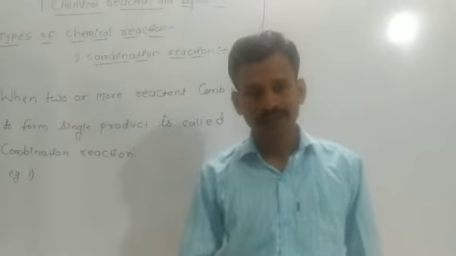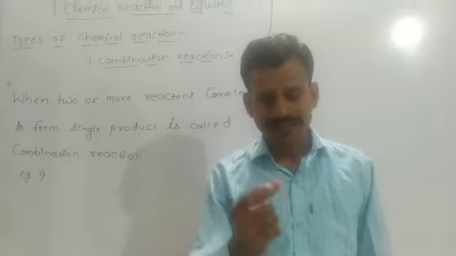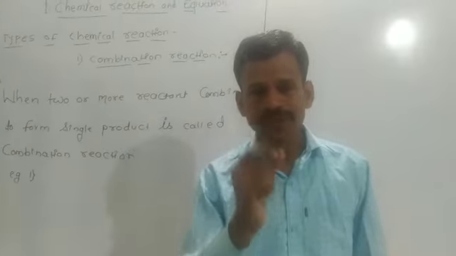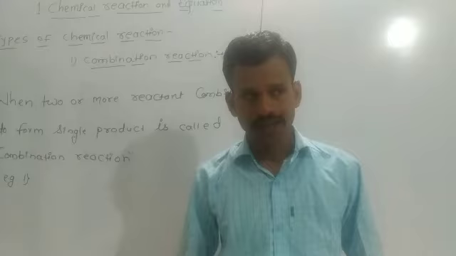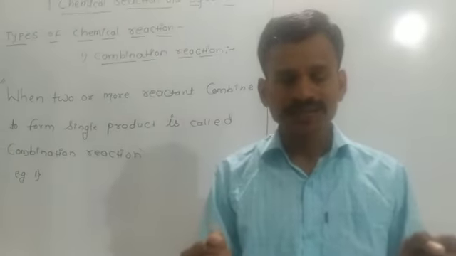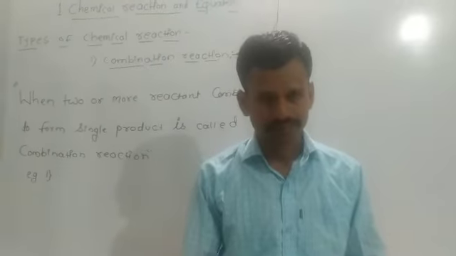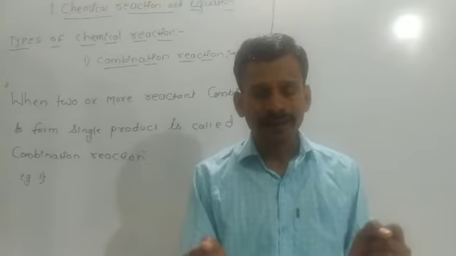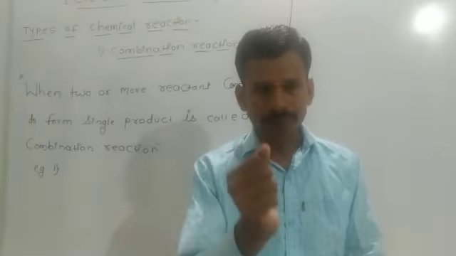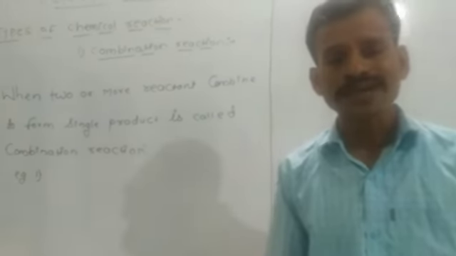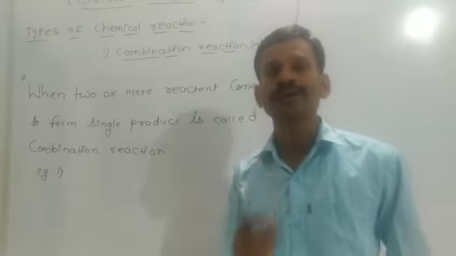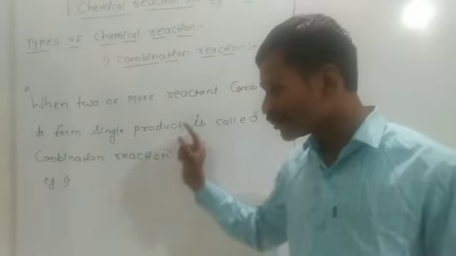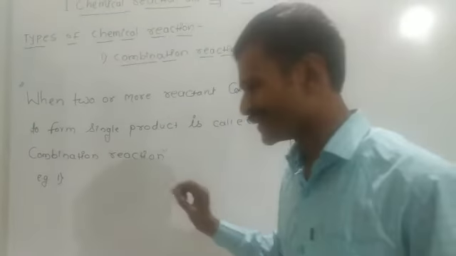After that, we will also take another gas, that is ammonia gas. Now combine these two gases, hydrochloric acid and ammonia. After combining these two gases, only one single product is formed.